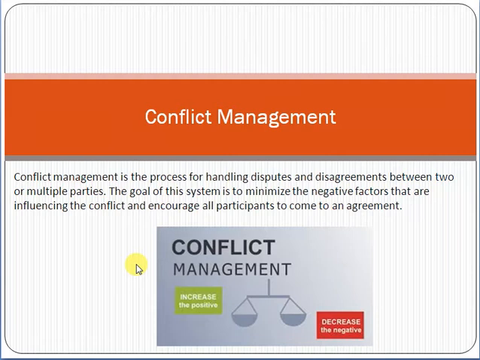How does it happen? Whenever we work in a team, there are multiple individuals with different backgrounds, different knowledge, different behaviors, and different approaches, and whenever they work together, multiple conflicts may arise among the team members.